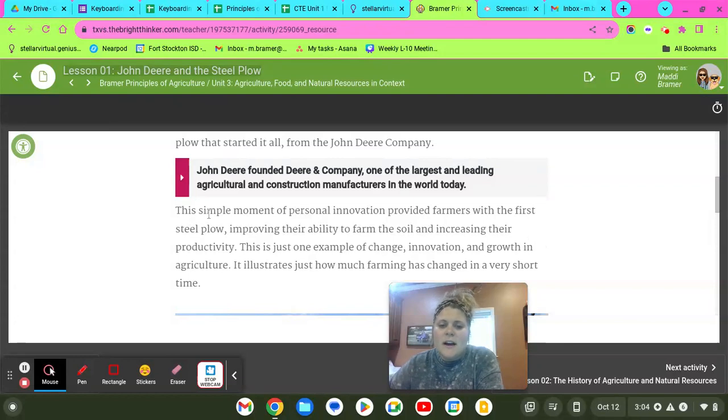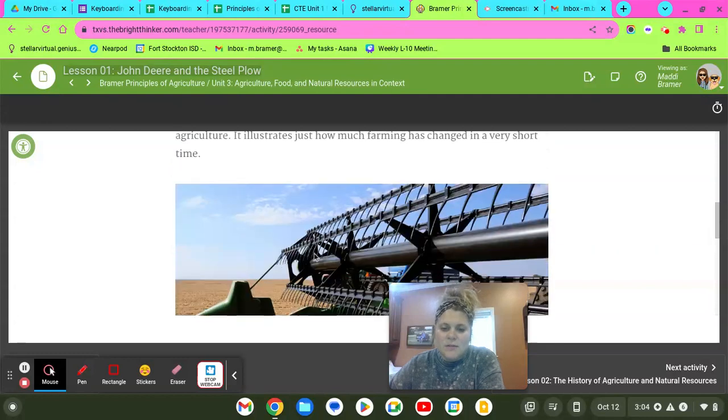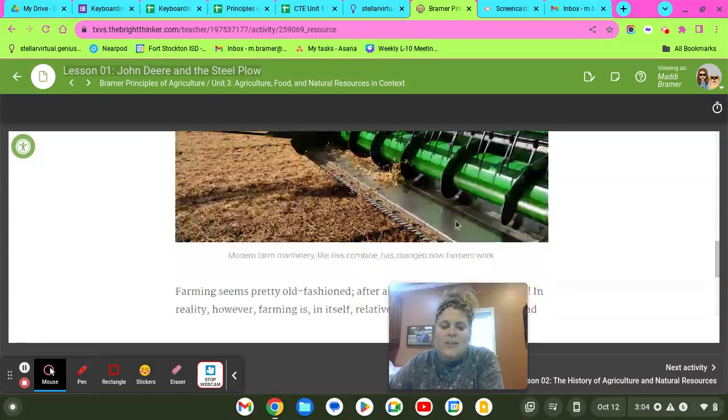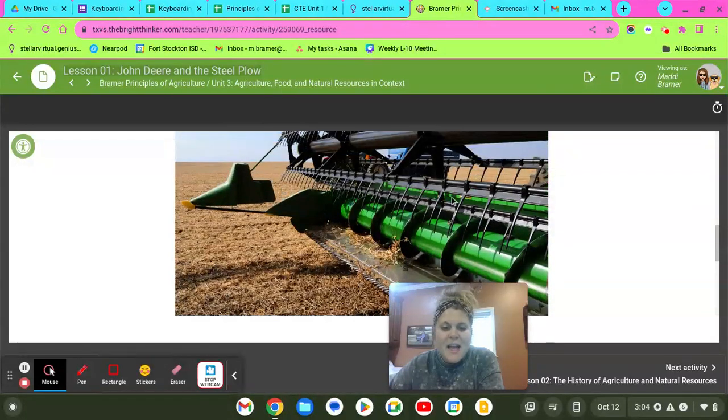So John Deere really started the ag revolution, modernizing agriculture and speeding up production. This is not a picture of a plow. This is a picture of a combine today, how they harvest plants. This is a combine header. It hooks onto a tractor or to a bigger piece called the combine. Those are teeth down there, and they cut the plant that's going to be harvested.